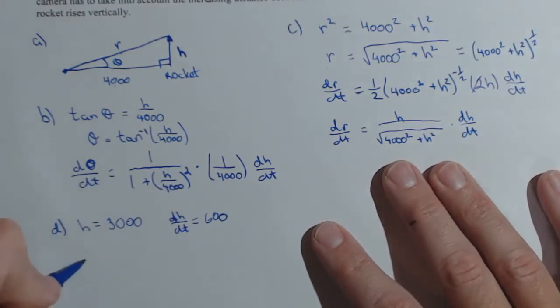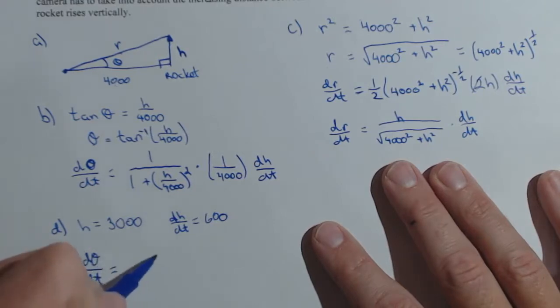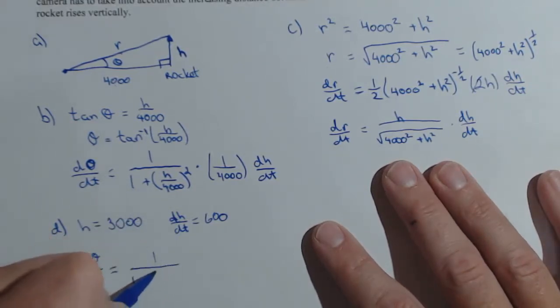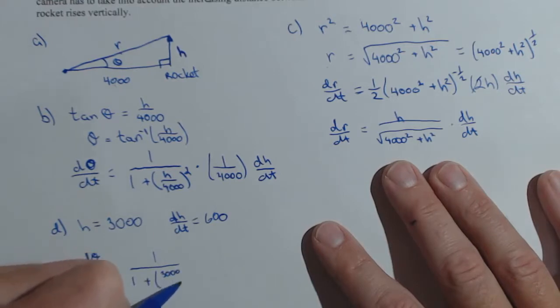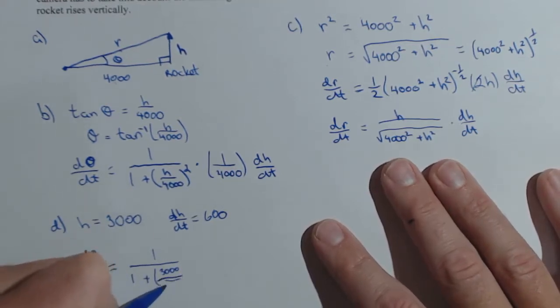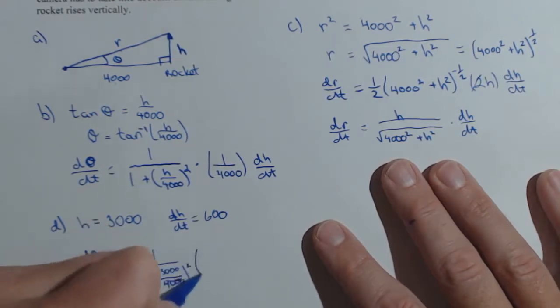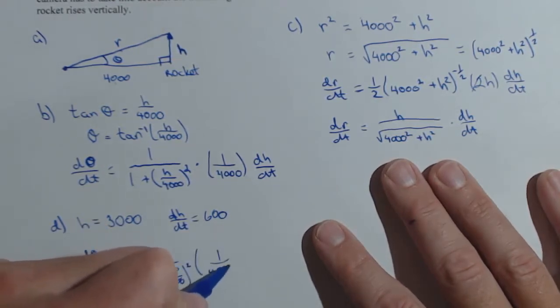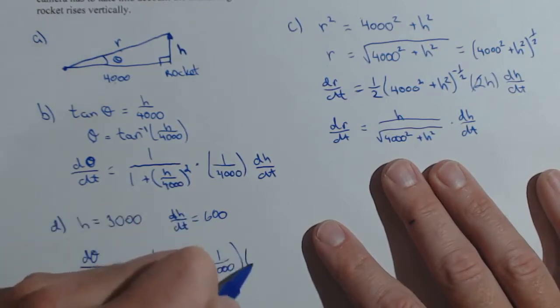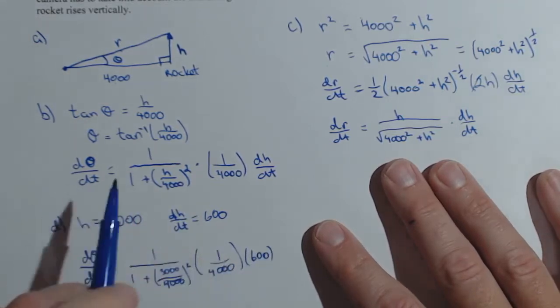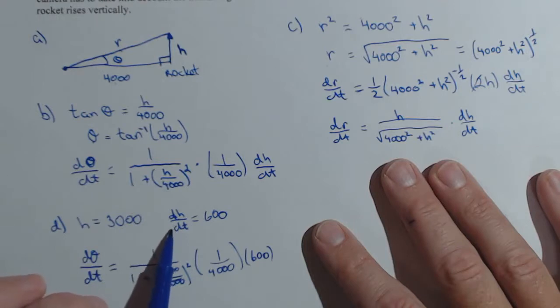It is now just a matter of plugging in our values. So we're going to have 1 over 1 plus (3,000 over 4,000) squared, times 1 over 4,000, times 600. What's really nice is since we identified these values, we really are just plugging into our formula.